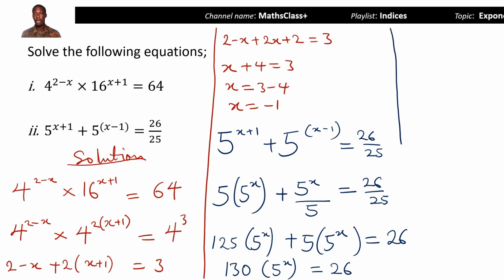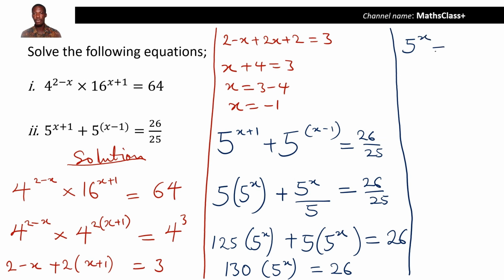So the next thing I will do is to make 5 to the power x the subject, and by so doing I divide through by 130. This gives me 26 over 130.